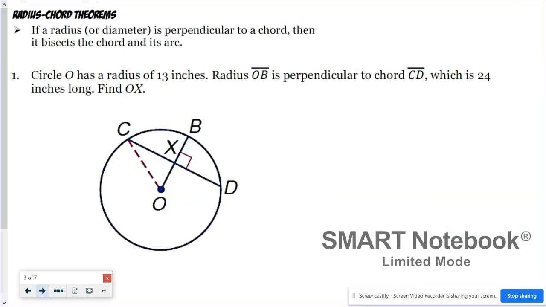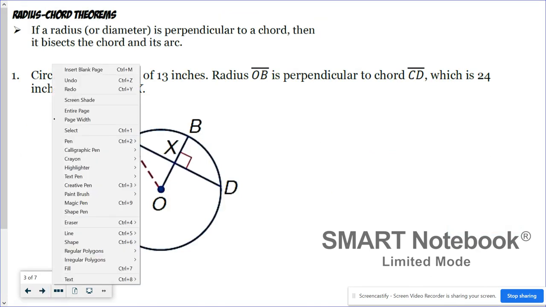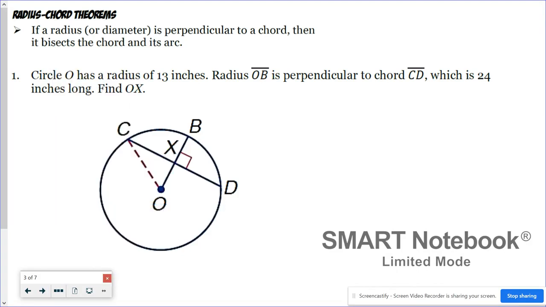Now let's take a look at a few examples that use these theorems, because we want to be able to apply these relationships in problems to find missing measures and segment lengths. In problem number 1, it says circle O has a radius of 13 inches. I have drawn in one of the radii of the circle.